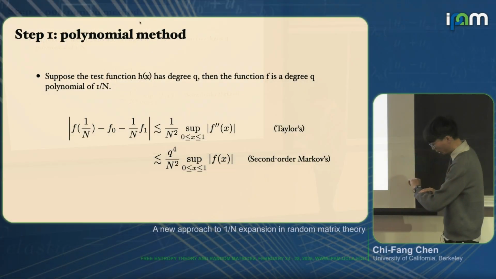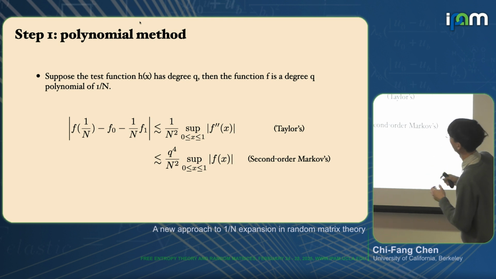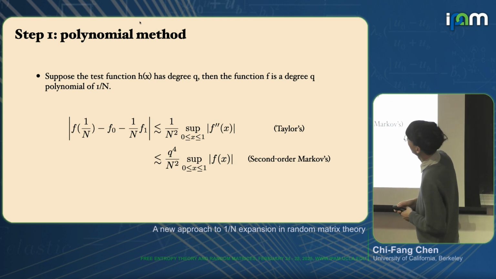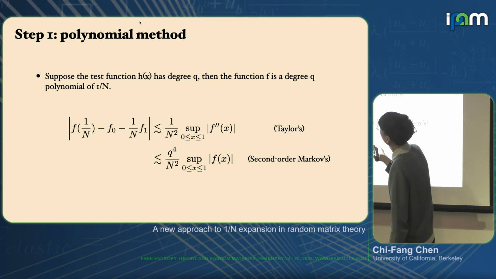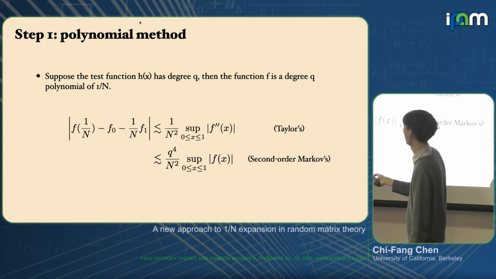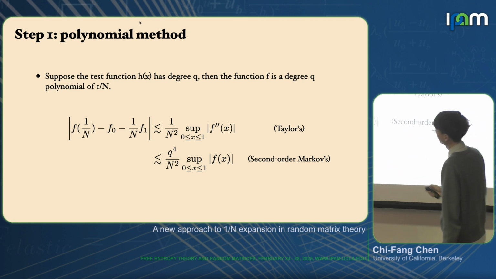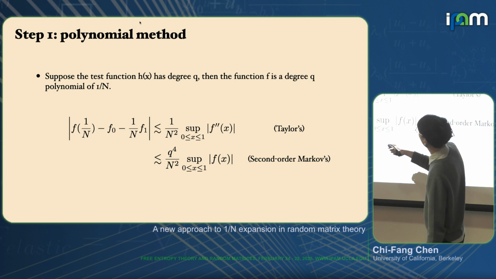I'll use the remaining time to try to give you a sense of how these arguments are put together. One step is to do some kind of Taylor expansion and say that all the higher order terms are bounded by something like 1 over n squared. Let's first do this for a low degree test function.